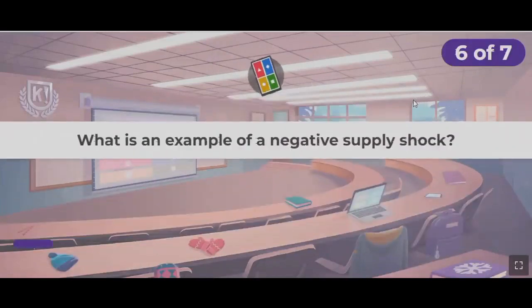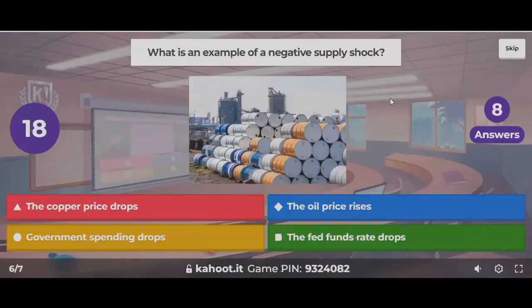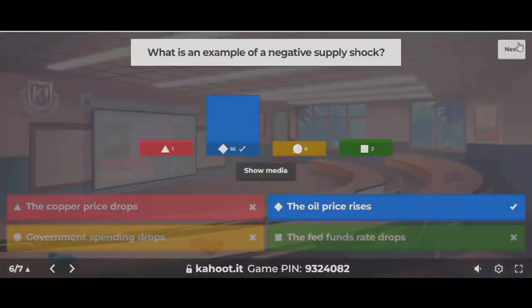This is the last question. What is an example of a negative supply shock? The copper price drops, government spending drops, the oil price rises, or the Fed funds rate drops. Right. Of course, the oil price increases.